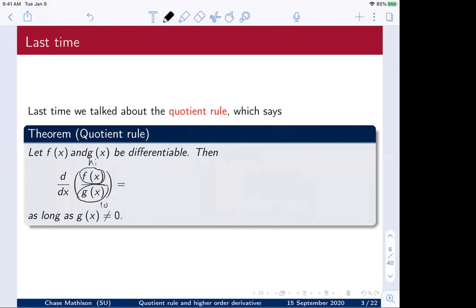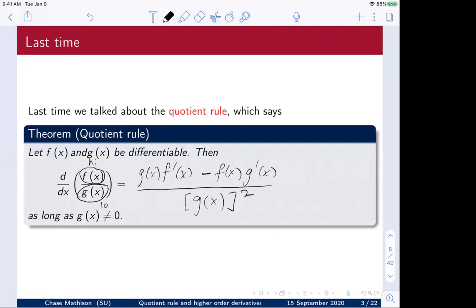Then the derivative of the quotient f divided by g of x is equal to low d high, so g of x, f prime of x, minus high d low, f of x, g prime of x, over the square of what's below.